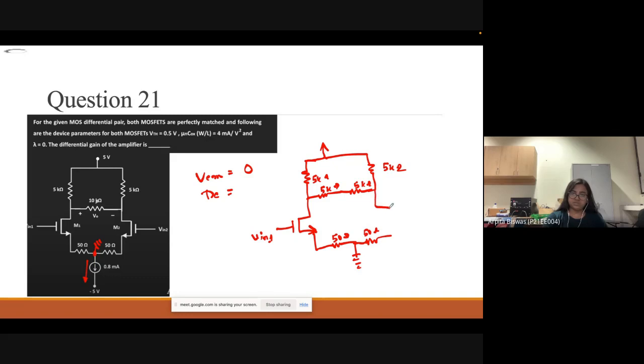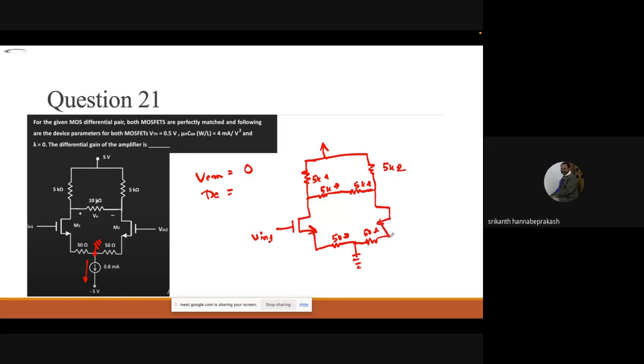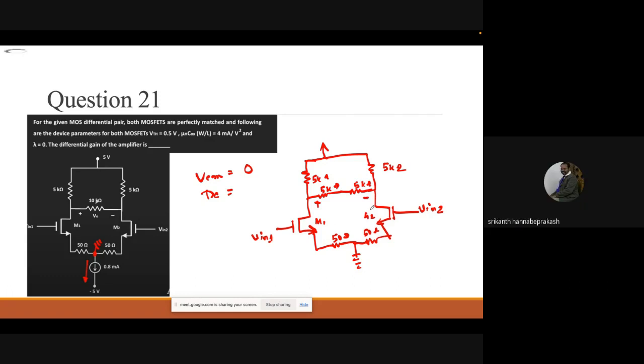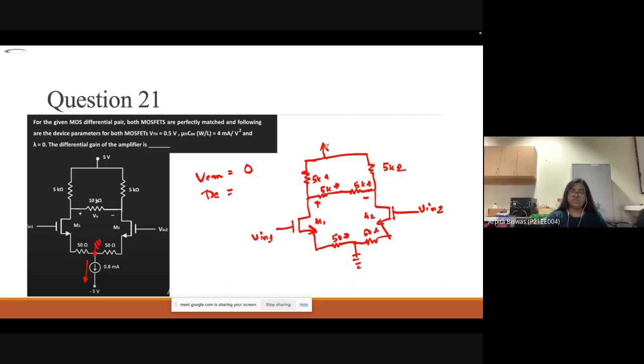And here the V input 2 is, so this is M1, you can write M2, positive and negative. So can we say it looks like a half symmetry?